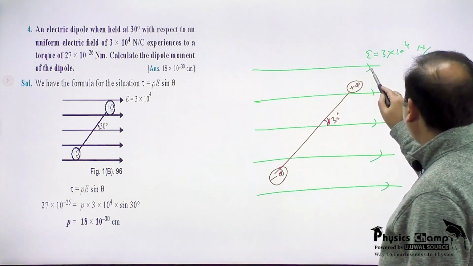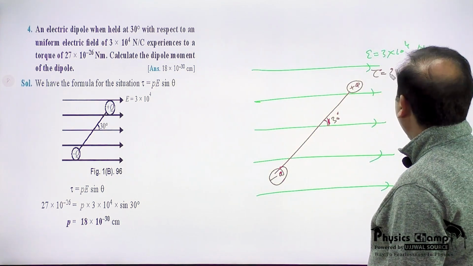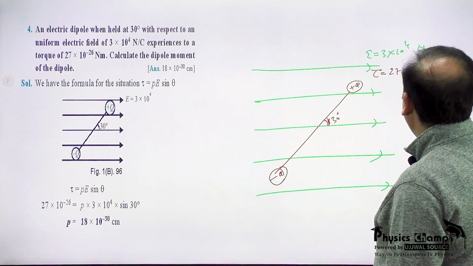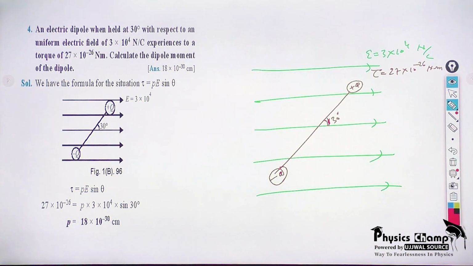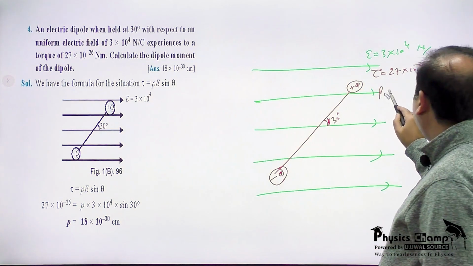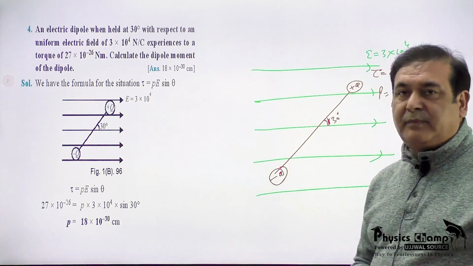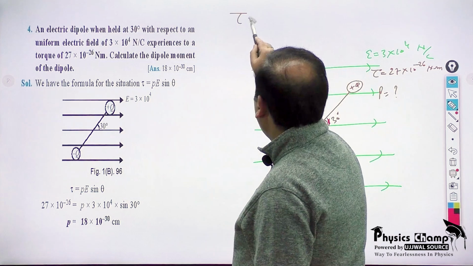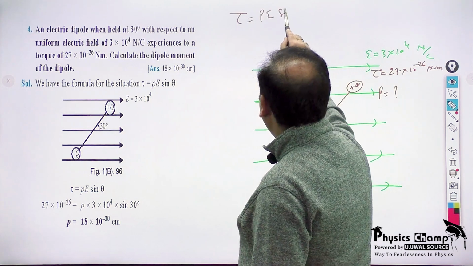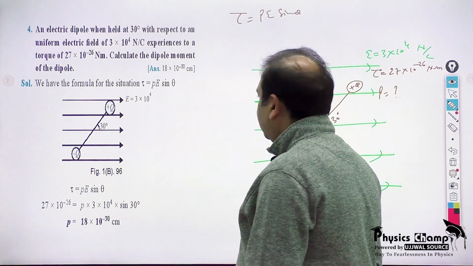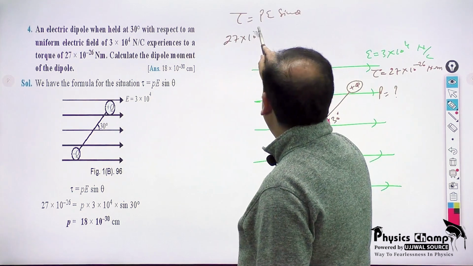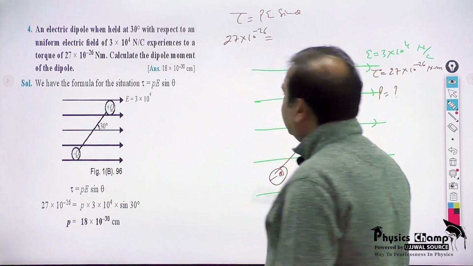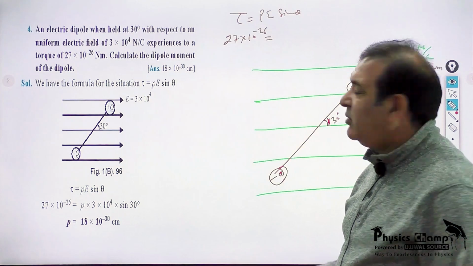And it is experiencing a torque which is 27 into 10 to the power minus 26 Newton meter. Find the dipole moment. So we have this relation, torque is equal to PE sine theta. The torque which is experienced here is 27 into 10 to the power minus 26 Newton meter. So it is in MKS, correct units.